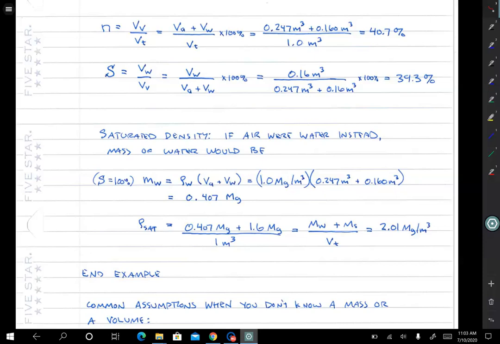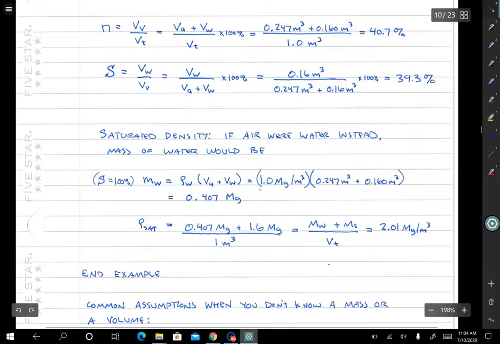I'm not following the equation that I just derived in the last lecture here, but I am computing the mass of water if we replace the air with water instead. So in a way, I'm doing the same thing, just a different way. The mass of water, if the soil was 100% saturated, would be equal to the density of water times the volume of air plus the volume of water.